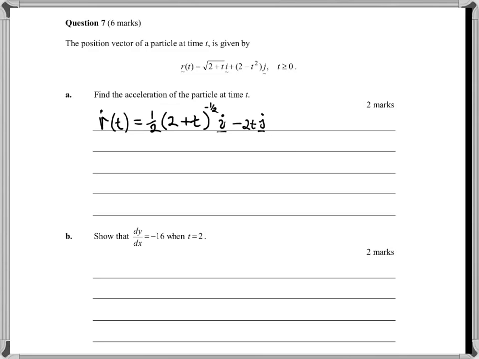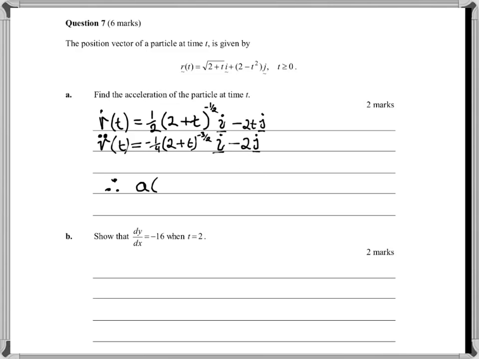Now let's differentiate again to get r double dot. Again we do 1 minus the power, and we bring the power and multiply out the front. So a half times negative a half gives you that negative a quarter there. And of course differentiating negative 2t just gives negative 2.